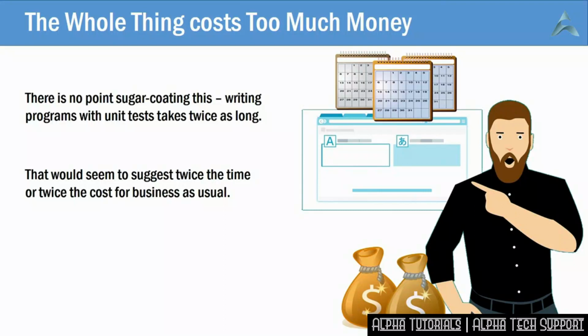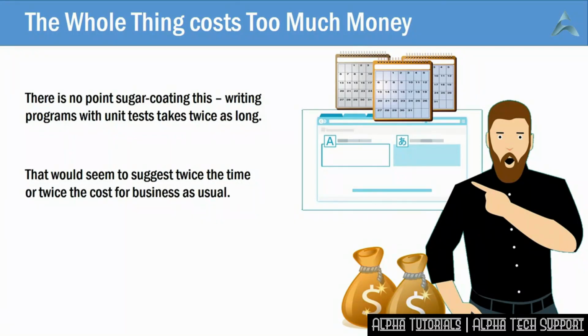When you explain this to management, they will not hear the benefits. All they'll hear is that it takes twice as long to write the same amount of code, twice the time, and time is money.